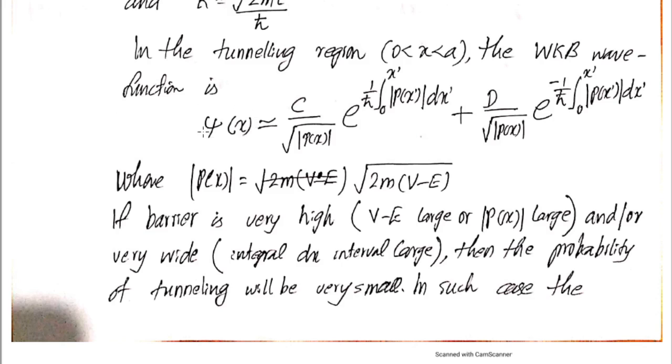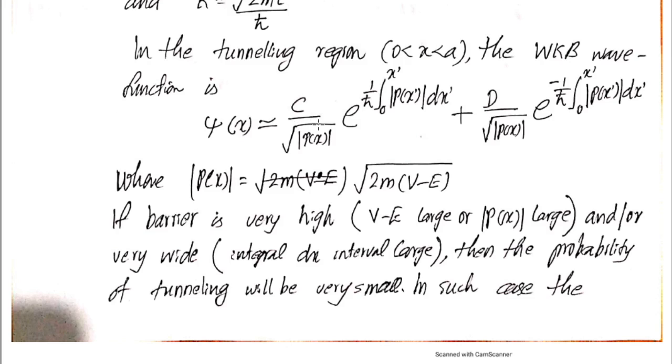In order to make psi of x finite: this exponentially increasing term becomes infinity if the potential barrier becomes infinitely wide, so that psi of x will be infinity. The condition of finite psi of x will be satisfied only if this coefficient c is equal to 0.